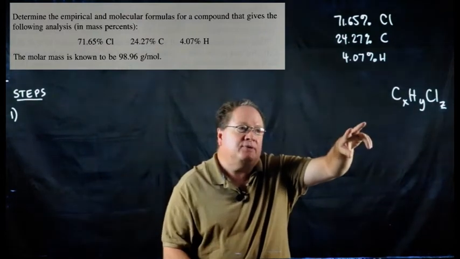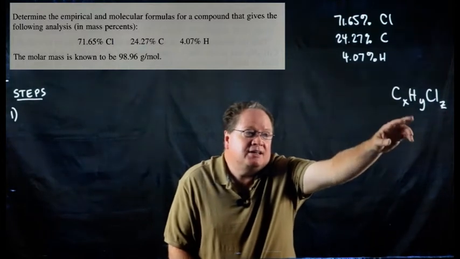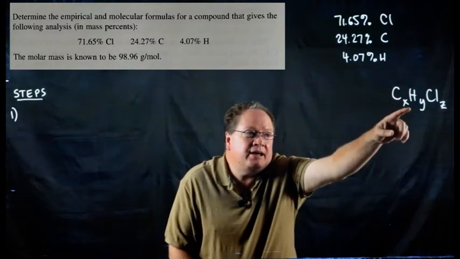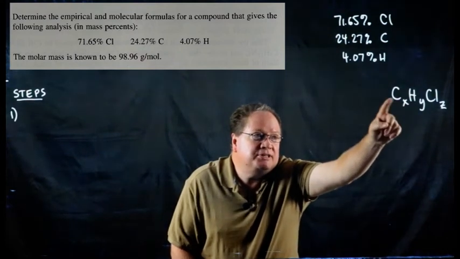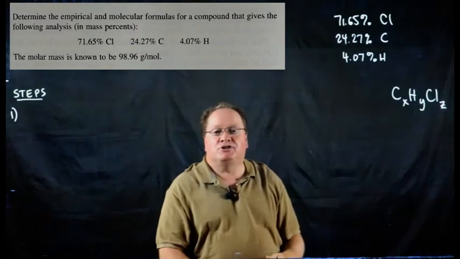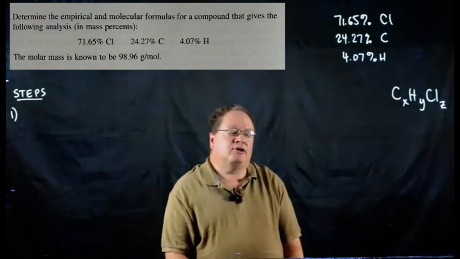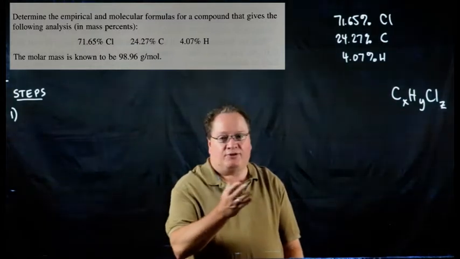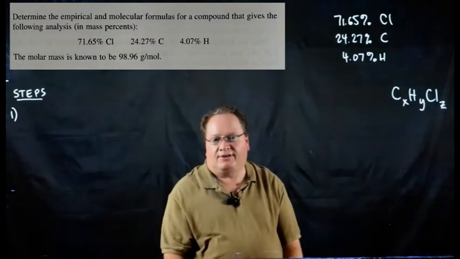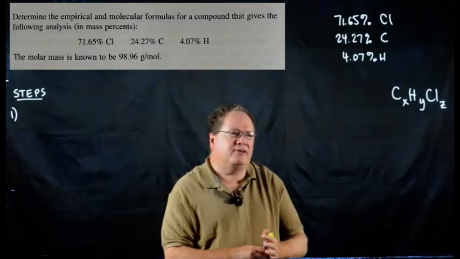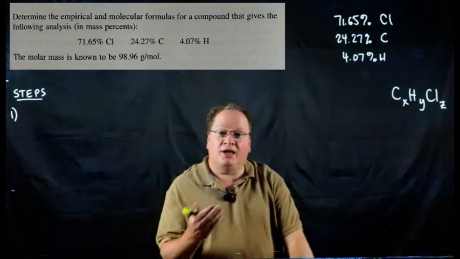That would mean we put the least electronegative first, and sometimes that would be hydrogen, but when we have hydrocarbons, meaning something with hydrogen and carbon, we never put the hydrogen in the front. The carbon goes in the front. So it'll go carbon, hydrogen, and then if you're dealing with a very electronegative element like chlorine, it goes last. So our chore is to figure out X, Y, and Z. What are those numbers going to be?